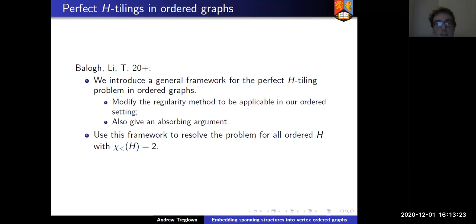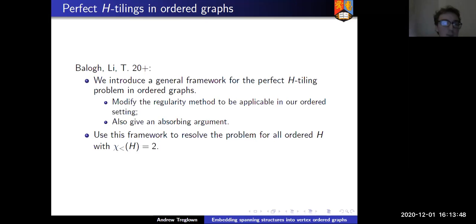We also give some sort of absorbing argument, whatever that means. What does that mean? It means if we've found 99% of the perfect H tiling, so we cover 99% of the vertices, we have some black box that covers the last remaining vertices. I don't think I'll have the chance to mention that too much.